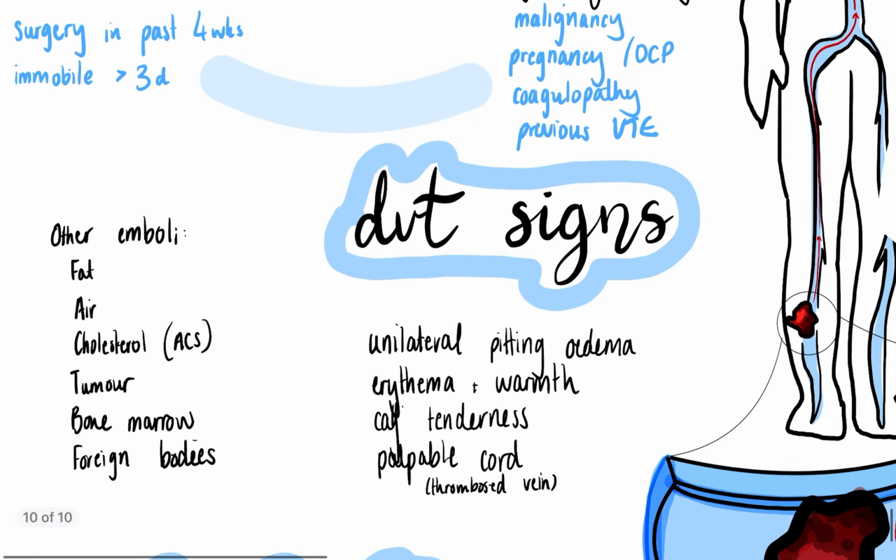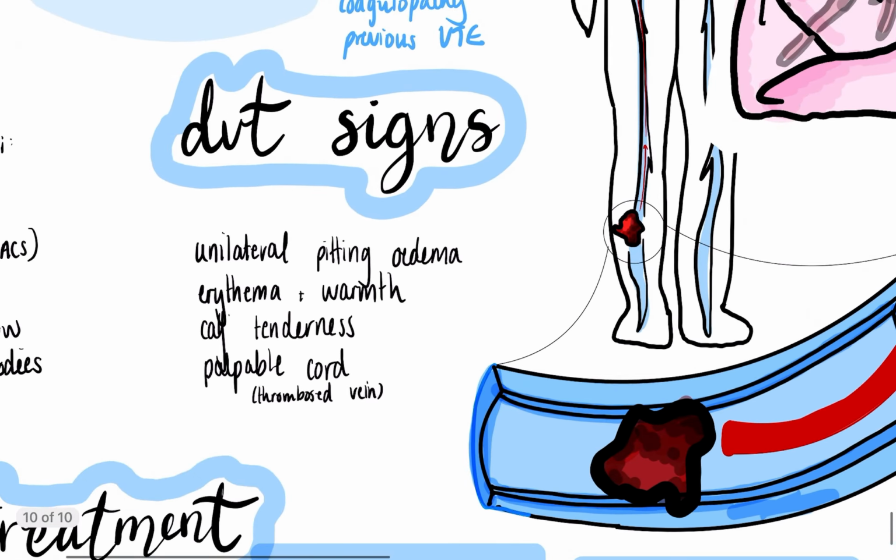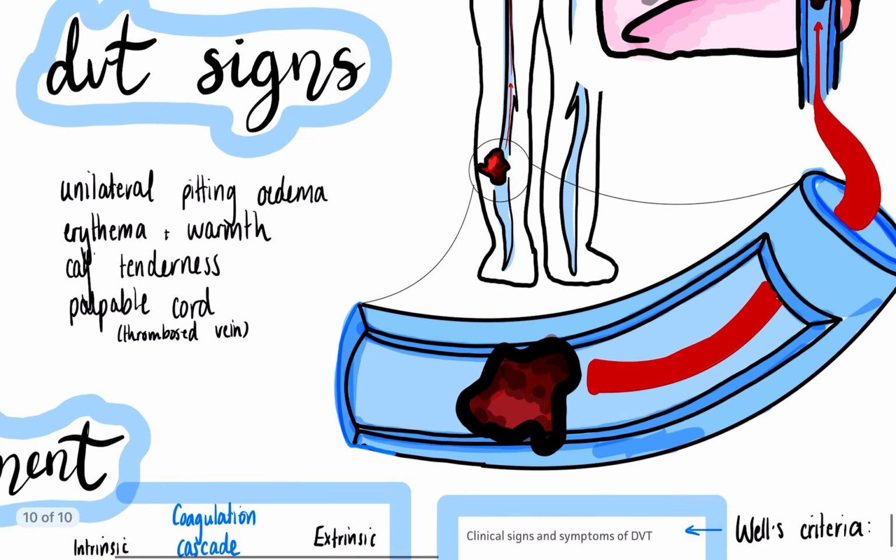Before we go into treatment, I just wanted to mention this stuff. So signs of a DVT include unilateral pitting edema. Imagine we've got a clot in the leg here. We're going to get extravasation of fluid out of the blood vessels into the surrounding tissue, which will lead to pitting edema.